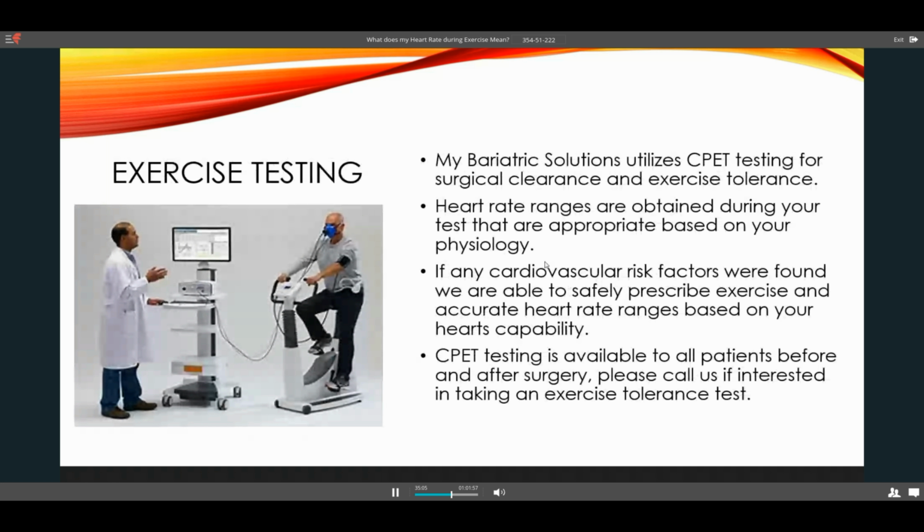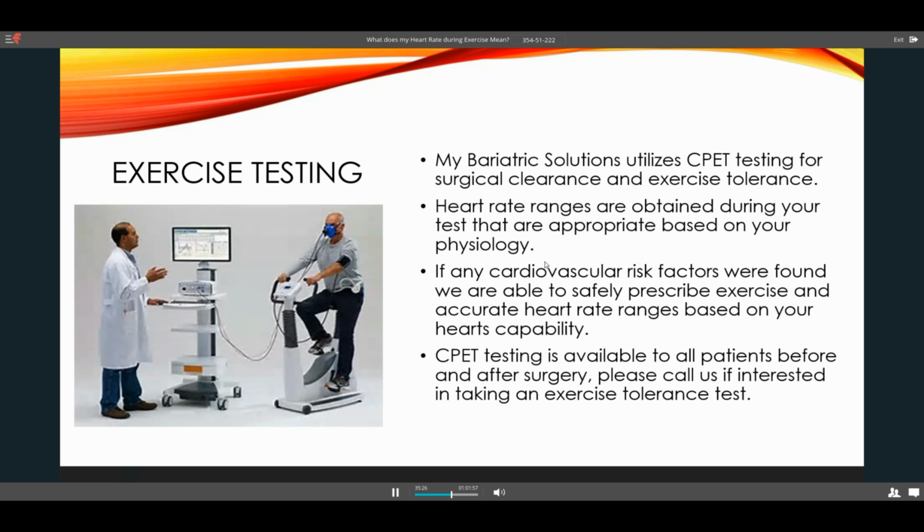So knowing those things, we like to find the most appropriate way to establish heart rate ranges. And here at My Bariatric Solutions, we utilize cardiopulmonary exercise testing. And this is also what we use to obtain your surgical clearance, but it also gives us very valuable insight into your exercise tolerance and how hard your heart is working at certain workloads.